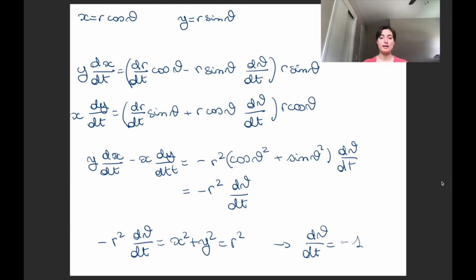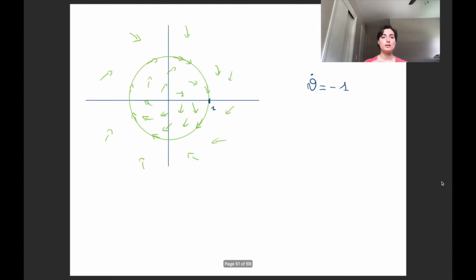So if we simplify again, we have that d theta dt is equal to minus 1. What does this mean? It means that all the time, theta is just decreasing linearly. That means that if we are on the circle of radius 1, r is not changing because r dot is equal to 0, but theta is constantly changing in the negative direction.